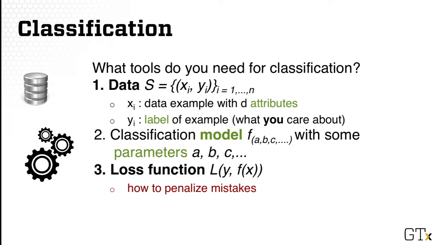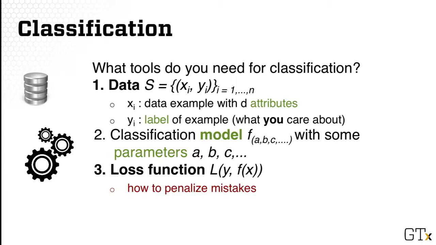And Y is the label that you care about. In the previous example, that is the sentiment label of whether I would like or not like a song. Often we use a subscript i to specify which data instance we are looking at, and a small n to specify the number of data points.